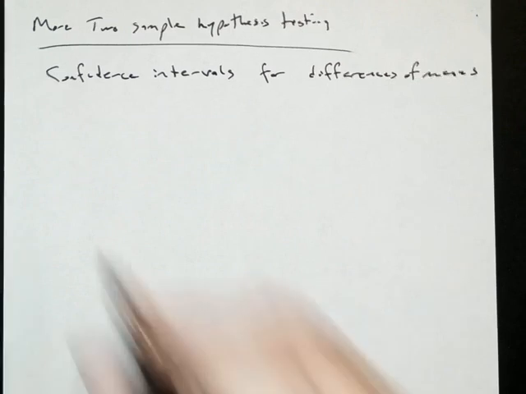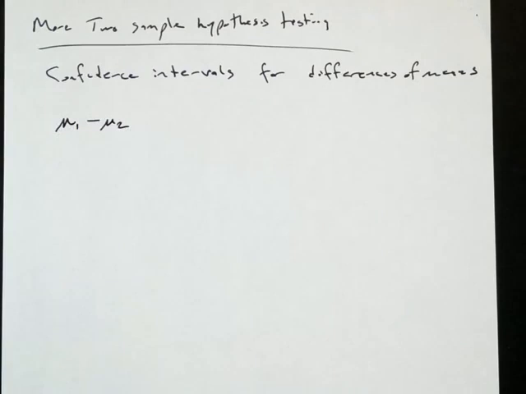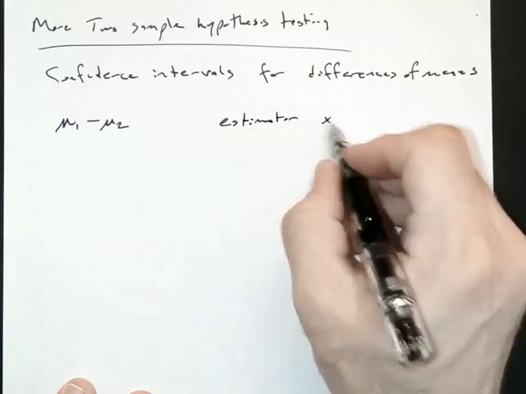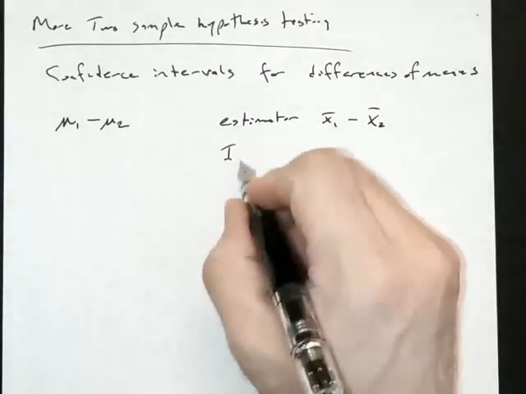So I have the true difference in means, and then I have the estimator from my samples, and I say if the confidence interval for this estimator includes 0, then there should be no statistically significant difference between these means.